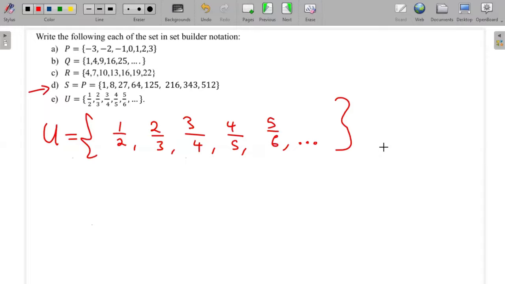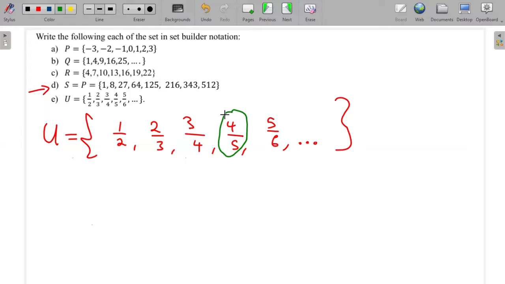Let me just ask this question. If I just get this term here, what can you notice about that term? It's a rational number. Okay, that is true, but it's not what I'm looking for. I get this 4 over 5. What can you notice about 4 over 5? Come on, guys.